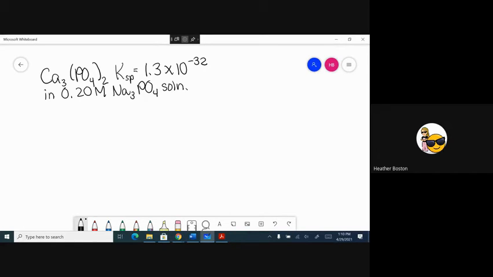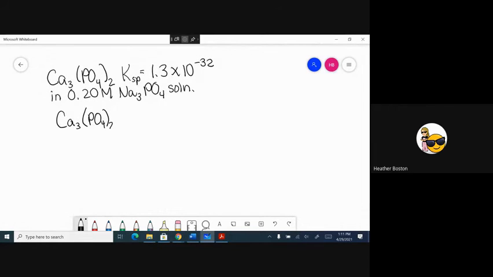Okay, we actually did calcium phosphate when it was in a solution of just water. So you can look back over the notes if you don't remember how, but let's run through here and we're going to do an ICE chart. So it is slightly soluble.